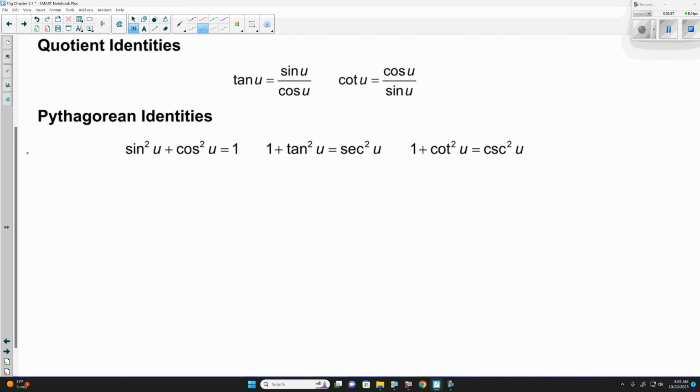Whenever we see tangent squared, secant squared, cosine squared, sine squared, any of these trigonometric functions squared, and we're trying to solve or simplify, we're coming back to the Pythagorean identities. And since we have tangent, this is the one I'm going to look at: 1 plus tangent squared equals secant squared. That's kind of nice to know.